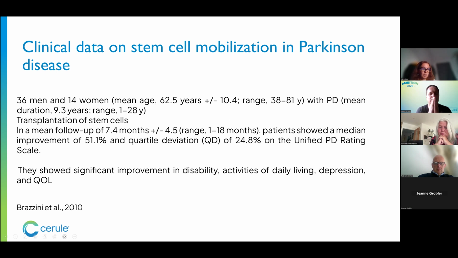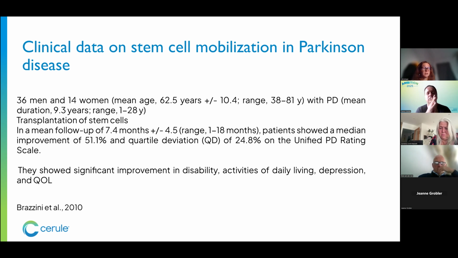In the third clinical study, on 36 men and 14 women, so a larger group with Parkinson's disease, they had a mean duration of Parkinson's disease of nearly 9 years. And we have a transplantation of stem cells. The patients showed a median improvement of 50% on the UPDRS score.